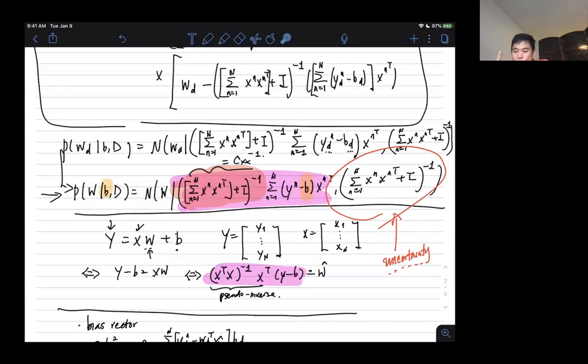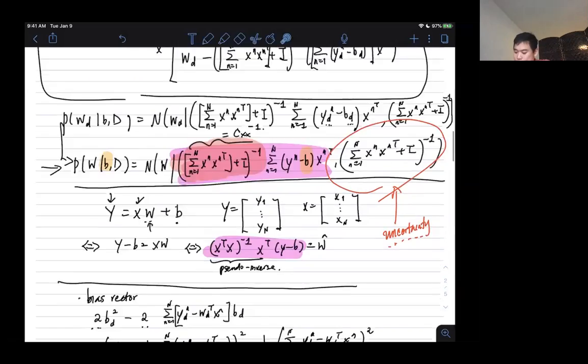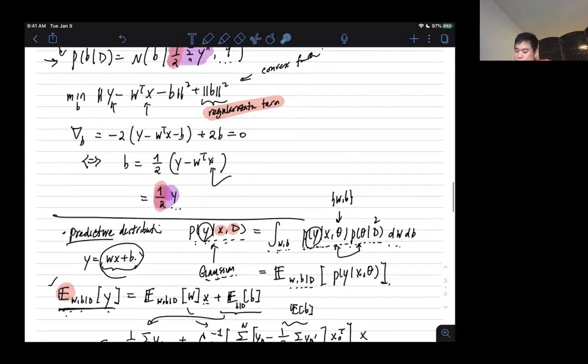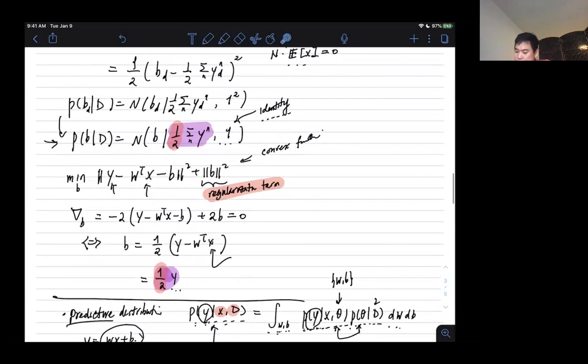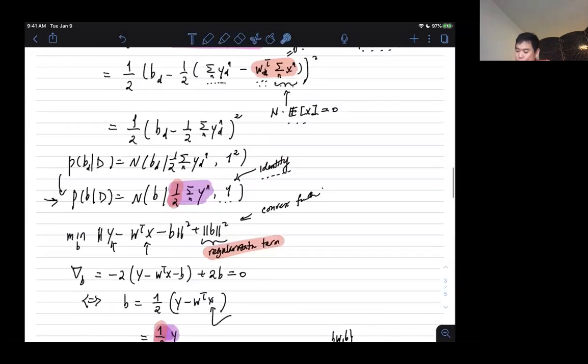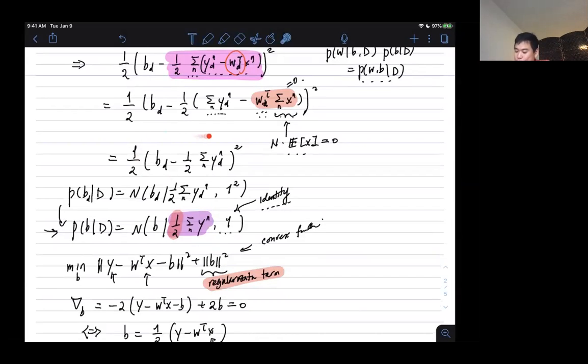However, covariance also needs to be invertible. That's why we regularize it by adding some terms that are independent on the diagonal. So what this CXX tells us is how well the input is spread out. And then the covariance of B is simply the identity, because we wrote it down in this quadratic form, and it turned out that this quadratic form doesn't have any denominator other than 2.